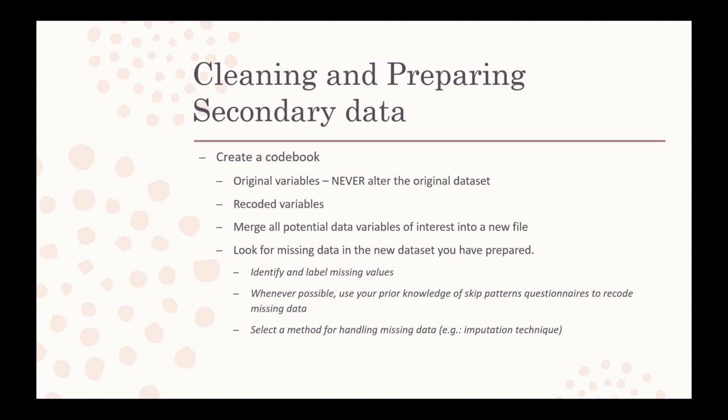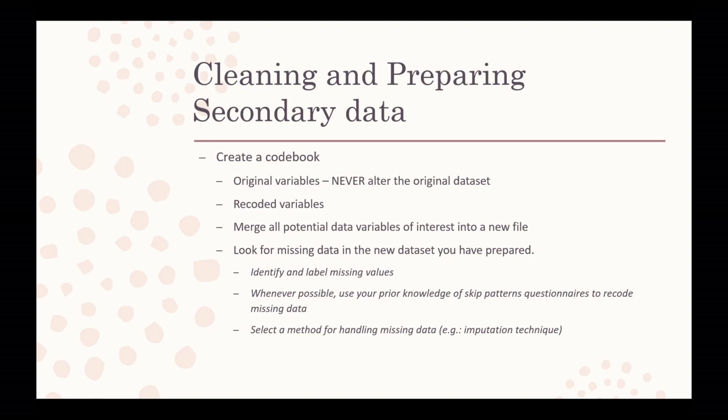So as I said before, and as we saw previously, what skip pattern questions are. And you can use your prior knowledge, which means that if a particular group of people have answered that question, and if they have answered yes or no for that data which is missing for, let's say, 18 participants, and there are 84 participants who have answered that particular question. However, there is missing data for 18 participants out of your entire data set.